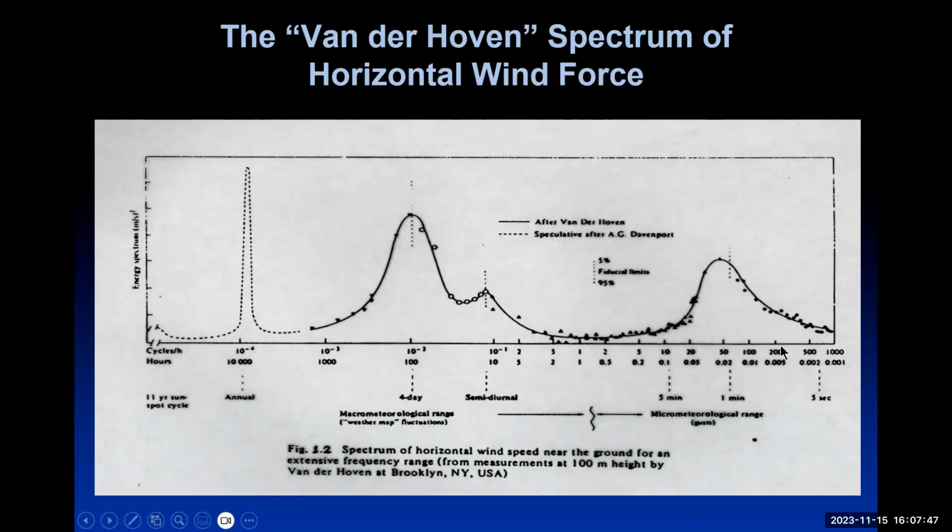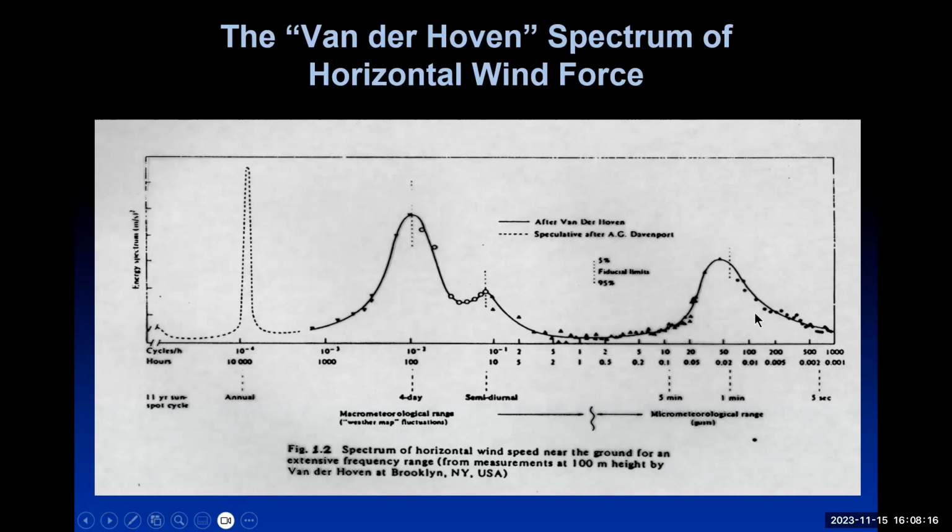So what we actually have is this area here, micrometeorological. As our bridge decks get longer, we work our way up this characteristic, meaning that as they're longer, we get bigger and bigger forces until we get to about one cycle every 40 seconds. And that's the maximum of the micrometeorological peak.